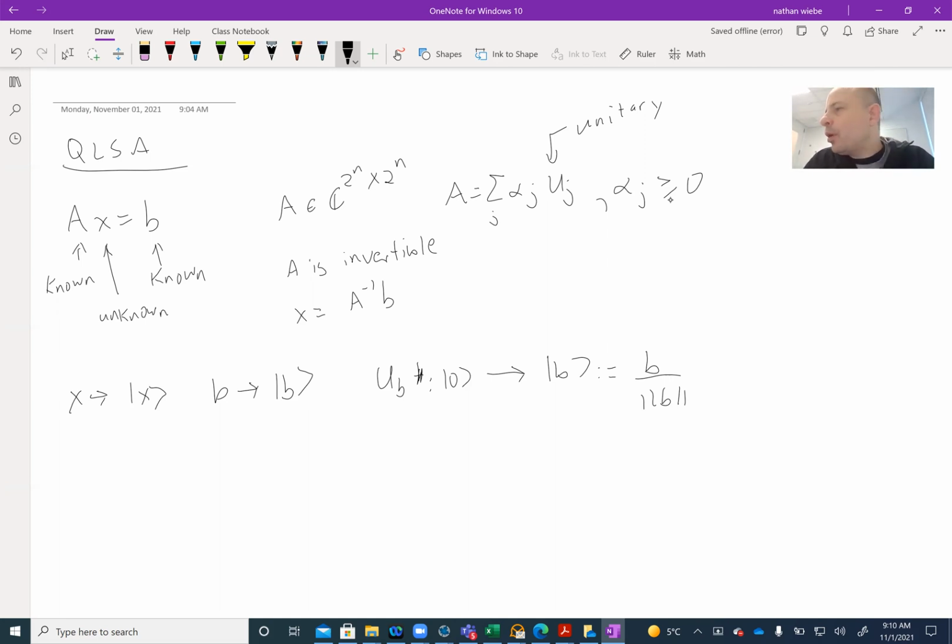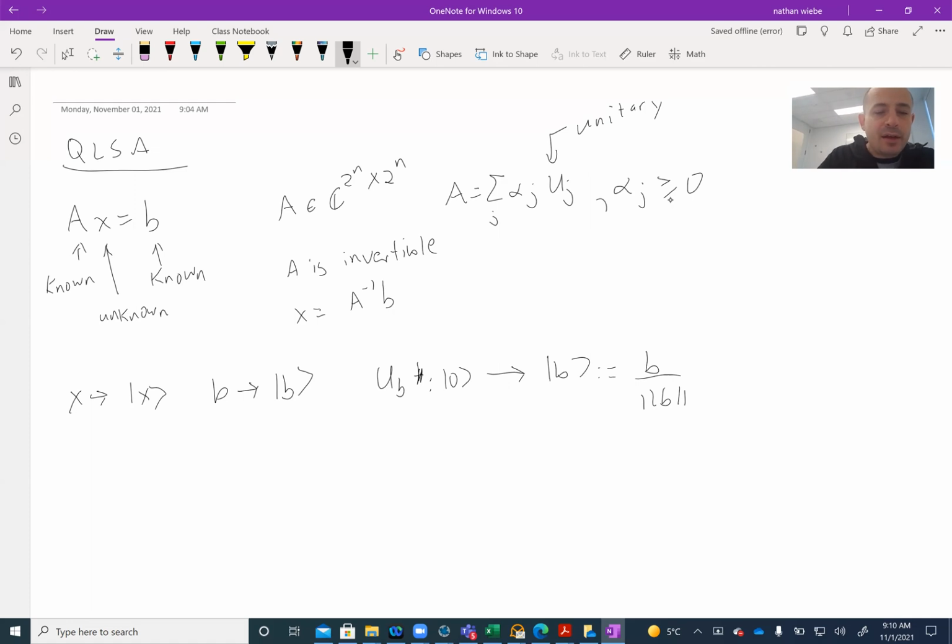Now, if we really want to keep track of the length of vectors, we can do that, but we just need to store the length in an additional subspace, which is kind of like a block encoding. So we can embed a non-unit vector as a subblock of a larger unit vector. But for the moment, let's ignore that in our problem.